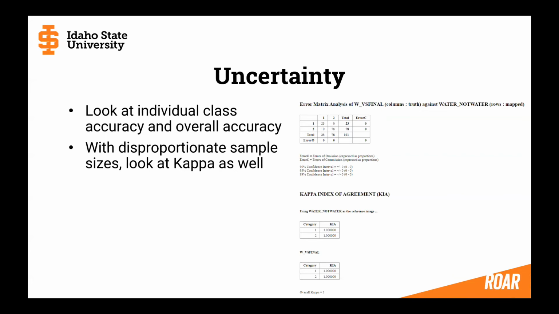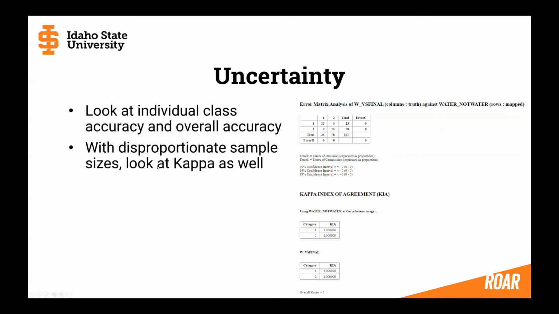Now, this is an absolutely simple classification, and in reality, in practice, we normally don't get 100% accuracy or a rate of 0 for error. The other thing we want to look at is with disproportionate sample sizes, which we do have, right? We like to see 30 and 30 or 78 and 78 or something like that.